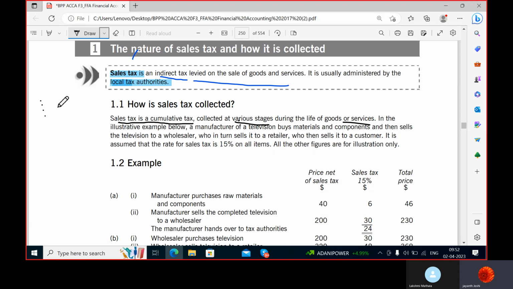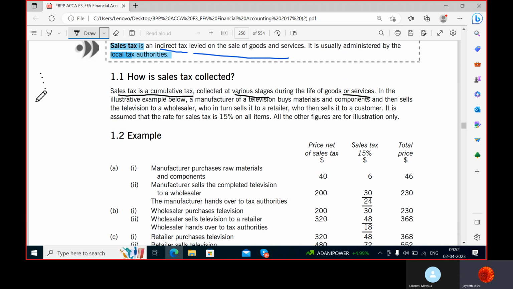Suppose we take the example of a manufacturer. A manufacturer makes goods, or we can say he produces goods. Here one example is given that this manufacturer is purchasing raw material, and the price of that is $40.